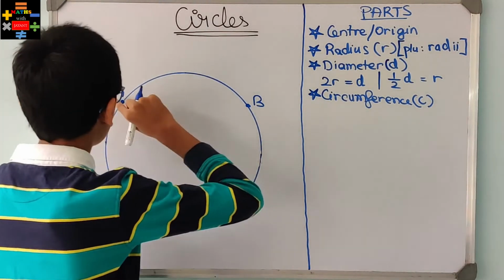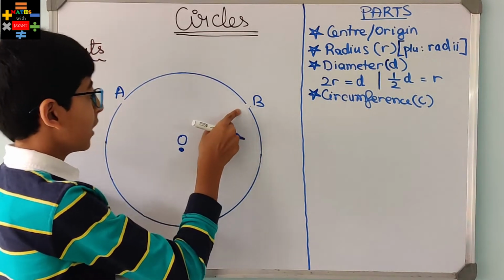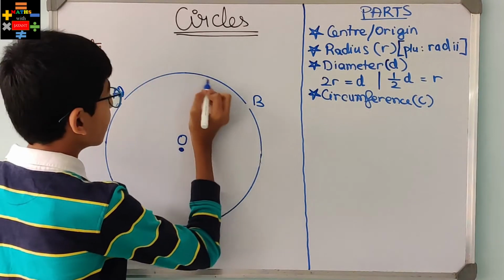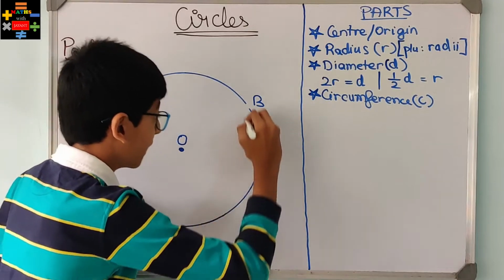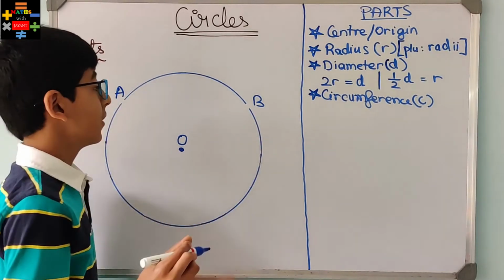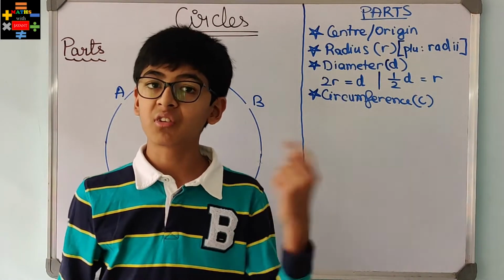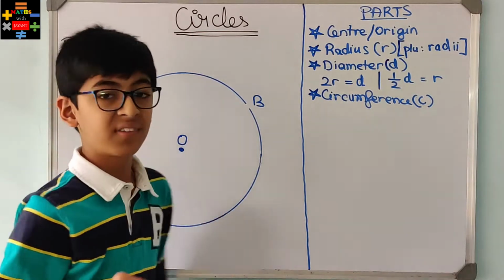See, I divide it at A and B. Now we have got 2 parts. One, this part, which you can see here, another this part. So I made 2 points and those points divided this circumference into 2 parts.